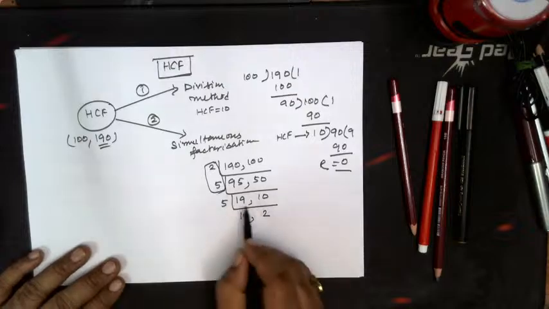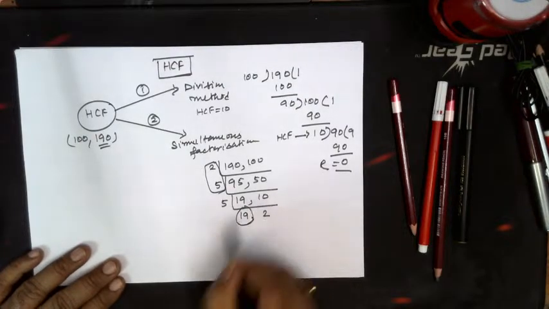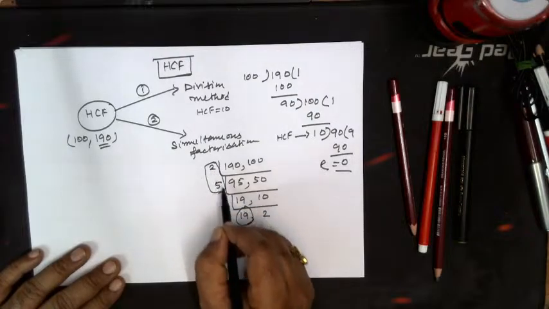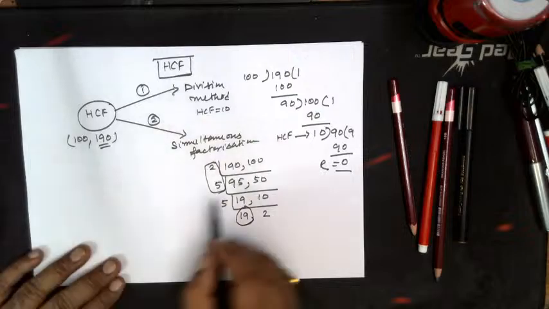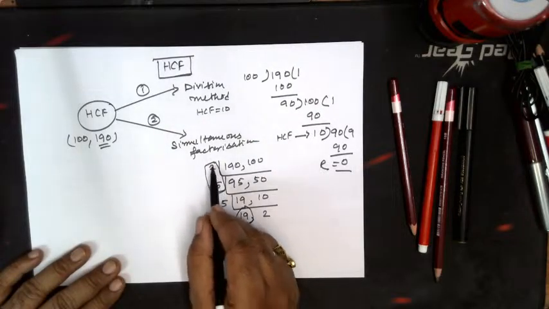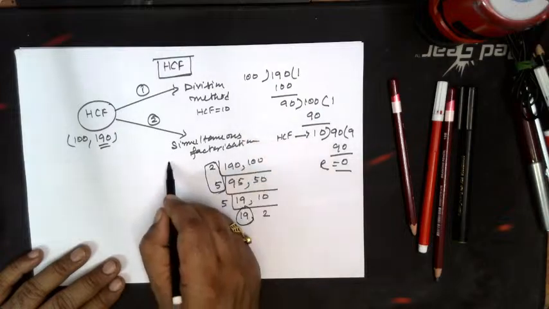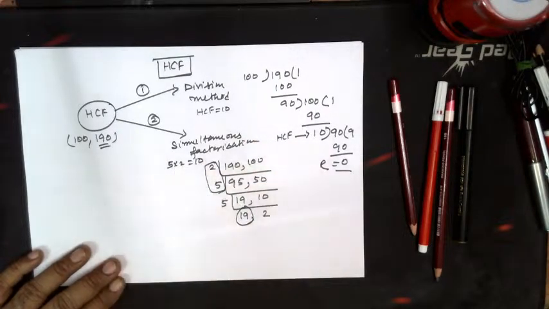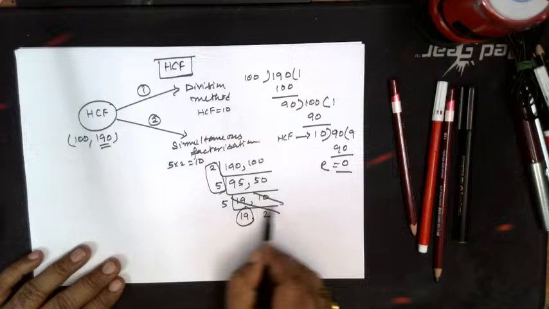The 19 and 9 are not common because they are different. You have to consider only the common factors because it is the highest common factor. So you can take only this: 5 into 2, 10. So you can declare 5 into 2, 10. If there is no common factor, in fact you can stop. You need not go further.